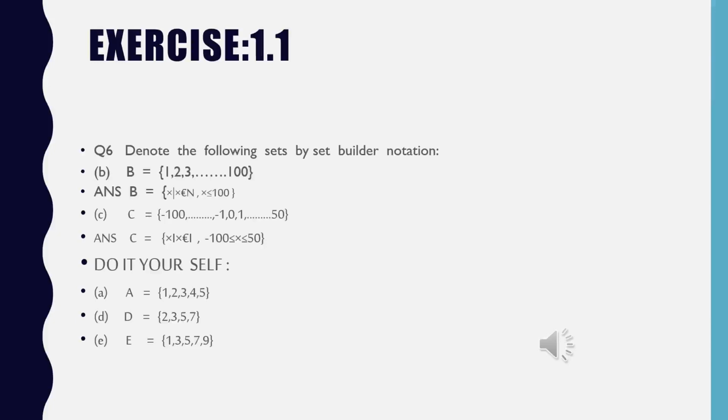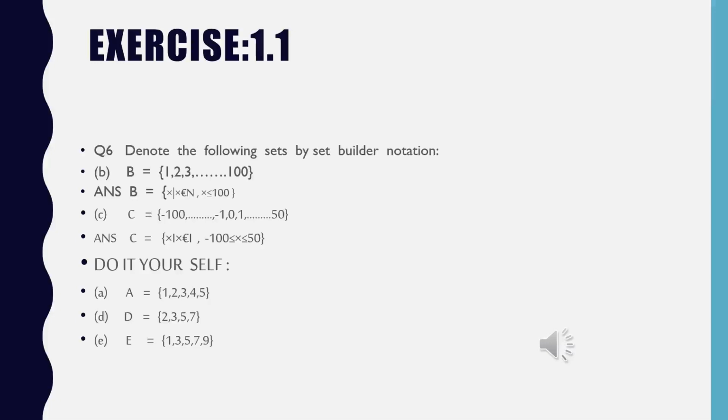Now the fourth part of this question: set D is equal to curly bracket 2, 3, 5, 7, bracket close. Very well-known prime numbers. You will simply convert it into builder notation like set D is equal to curly bracket x such that x is a member of prime numbers and x is less than or equal to 7.